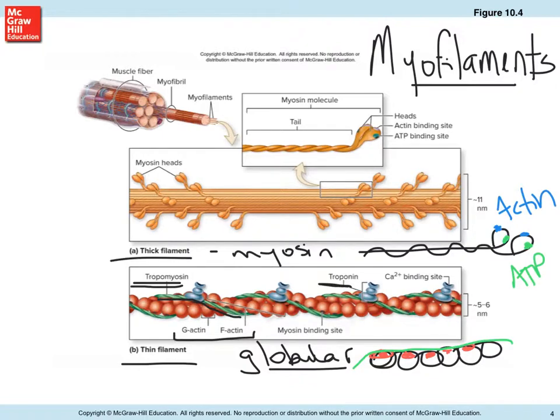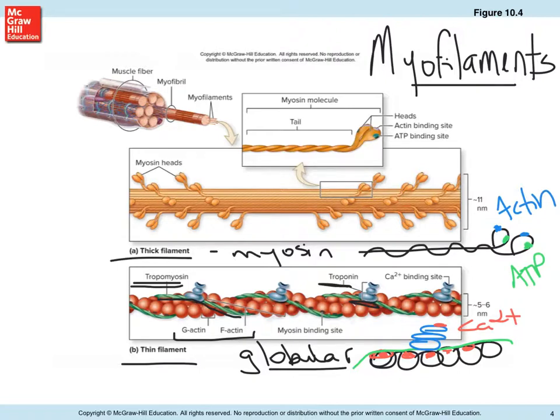And troponin is associated with the tropomyosin, and troponin is a globular shape structure protein, and troponin has binding sites on it for calcium.